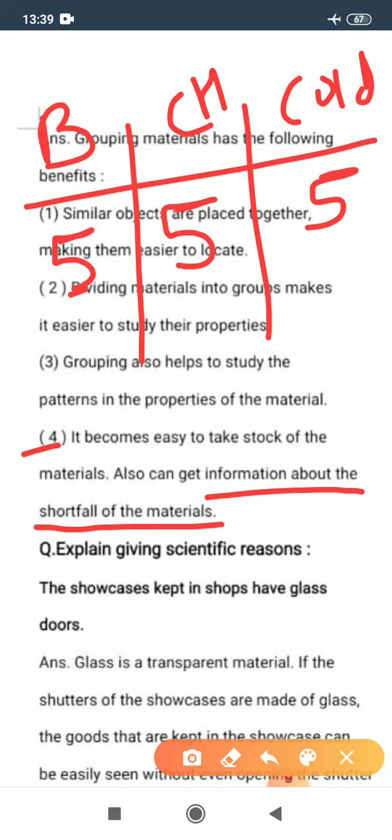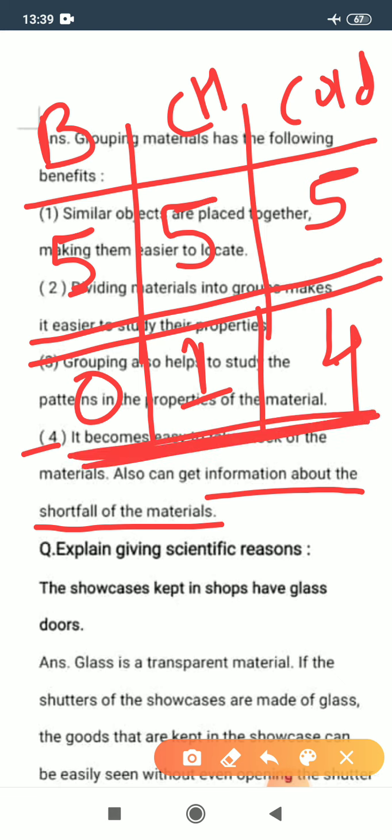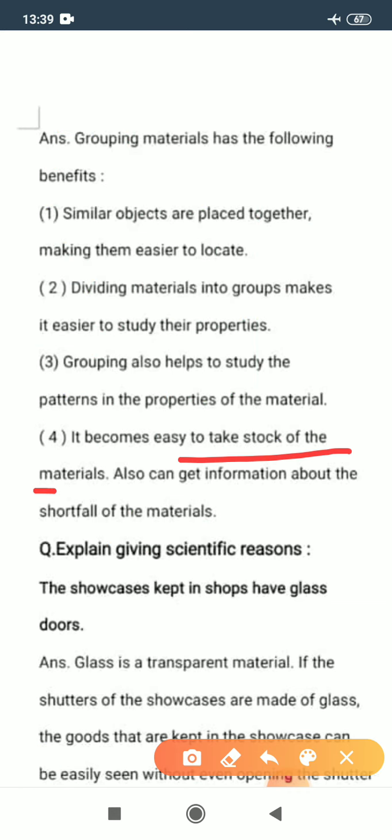After selling these commodities, at the end the biscuits were 0, chips were 1, and cold drinks were 4. So now I can easily see that my biscuits no longer exist, so I will go to the market and purchase some biscuits to maintain the stock. With the help of grouping materials, I can maintain my stock record also.